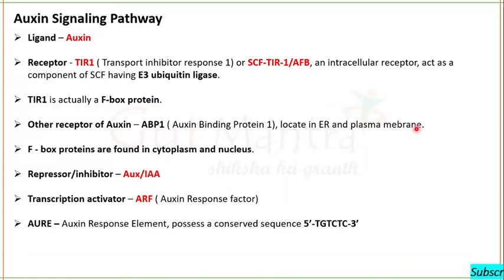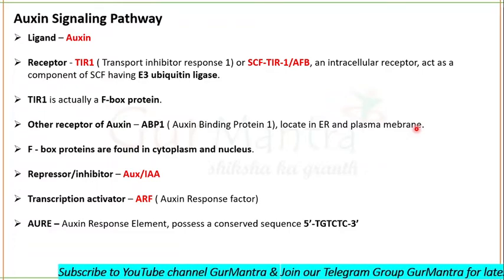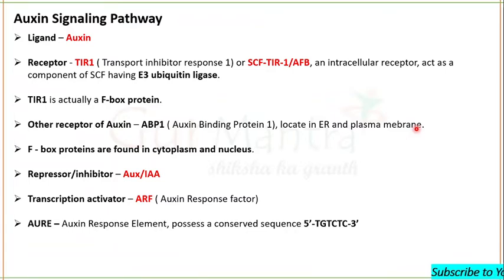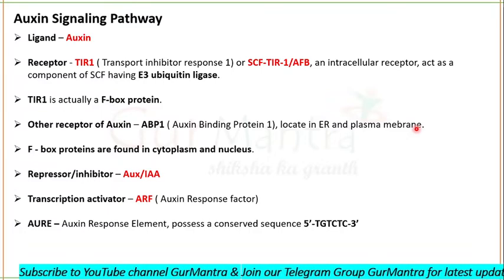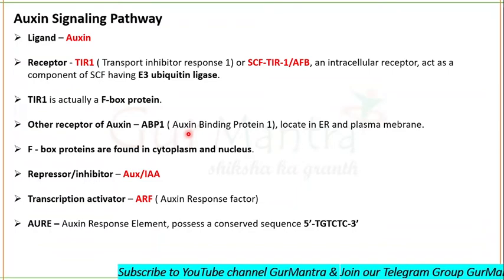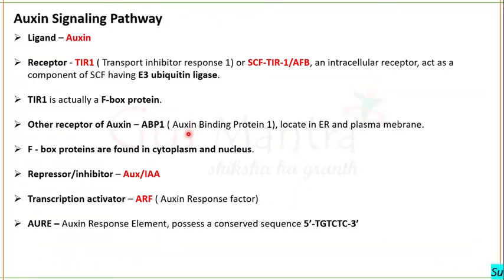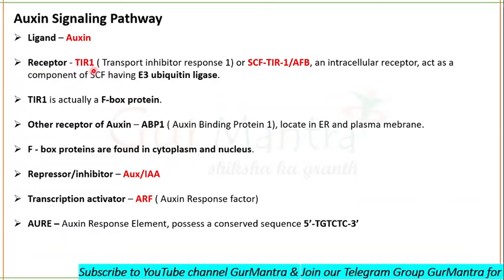I told you during the polar transport of auxin how the cell wall is acidified and what the role of proton pumps is. Those functions, like cell wall acidification and proton pump function, are under the control of this receptor of auxin, but we do not know much about this receptor, so we won't discuss it in detail. But you should remember that auxin binding protein 1 is also a receptor of auxin. The main one is TIR1, transport inhibitor response 1.